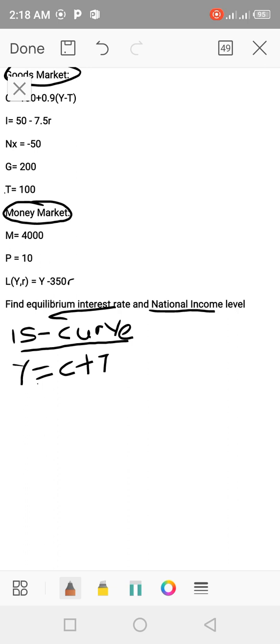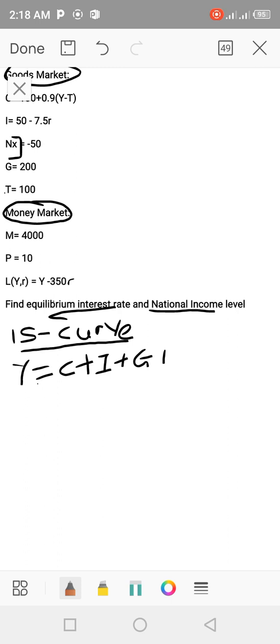The IS curve relates to the income, which is equal to C plus I plus G, and because it's an open economy, it also has net exports.